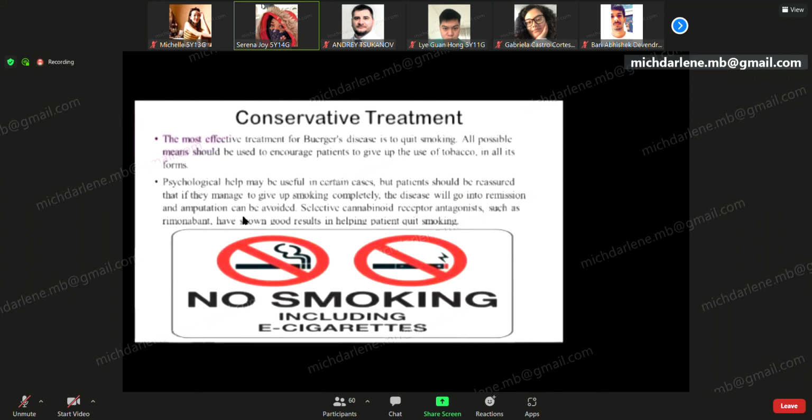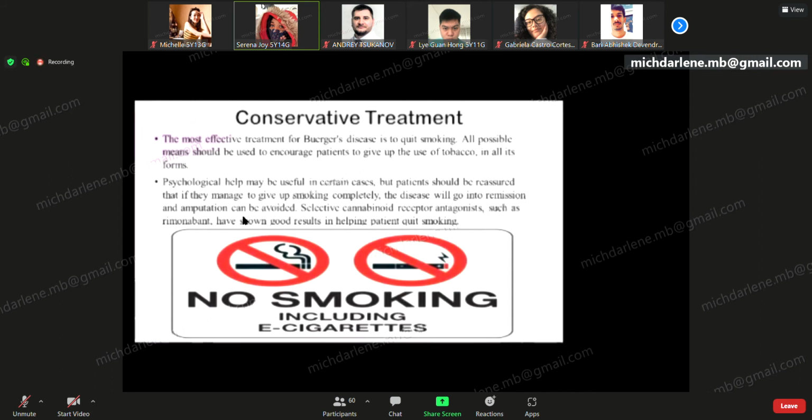All possible means should be used to encourage patients to give up the use of tobacco in all its forms. Psychological help may be useful in certain cases, but patients should be reassured that if they manage to give up smoking completely, the disease will go into remission and amputations can be avoided.